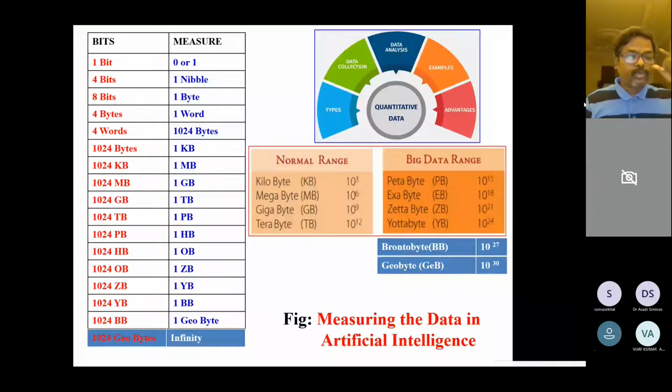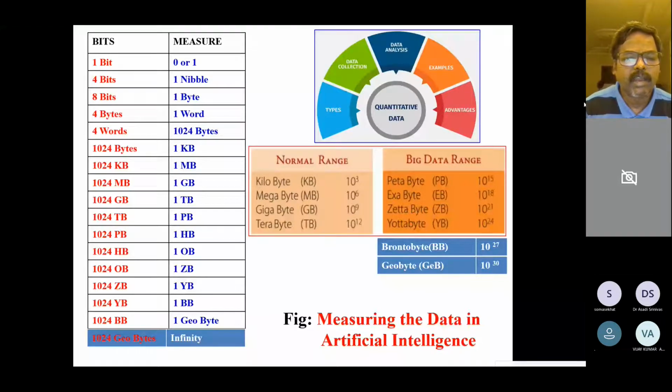How do we measure a huge volume of data? 1 bit is equal to 0 or 1, 4 bits is equal to 1 nibble, 1 byte is equal to 8 bits, 4 bytes is equal to 1 word, 1024 bytes is equal to 1 kilobyte, 1024 kilobytes is equal to 1 megabyte, 1024 megabytes is equal to 1 gigabyte. After that, terabytes, petabytes, exabytes, zettabytes, yottabytes.